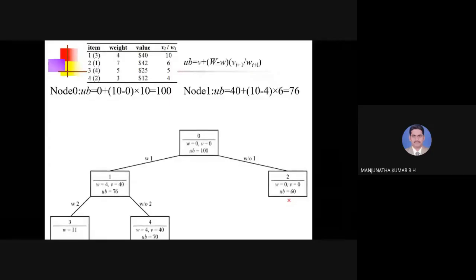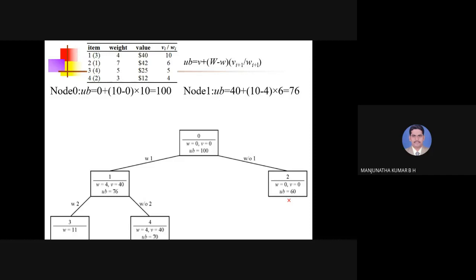Maximum capacity is 10 minus the weight of the first item you are placing, which is 4. 10 minus 4, into the profit weight ratio of the next item. Now I have placed item 1, so what is the next item? Item 2. Item 2 profit weight ratio is 6. Multiply by 6.